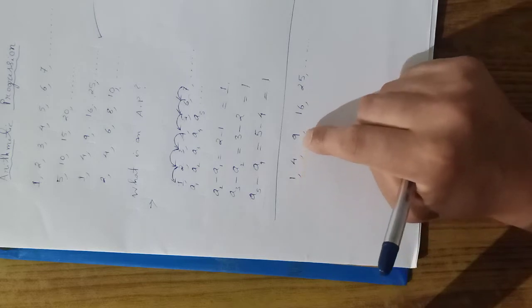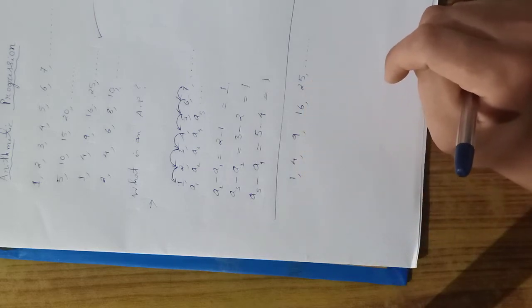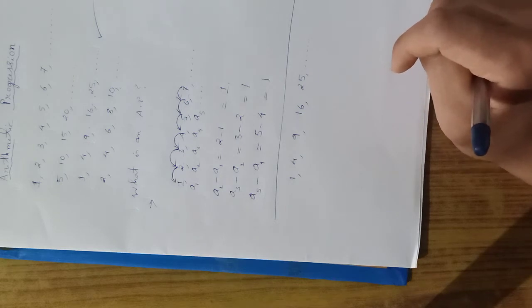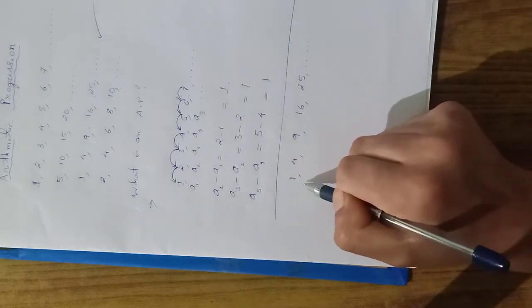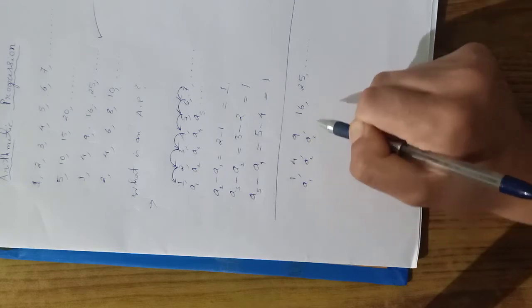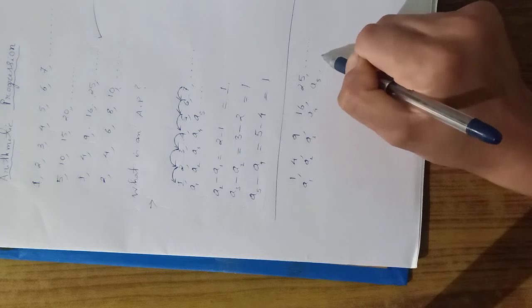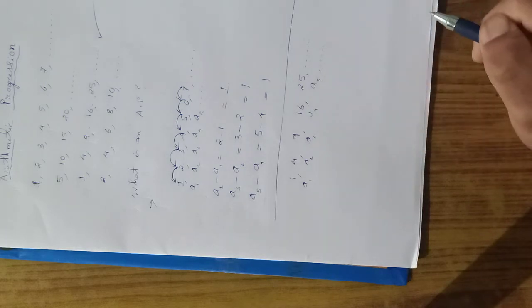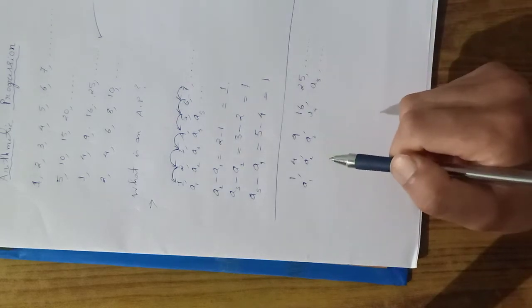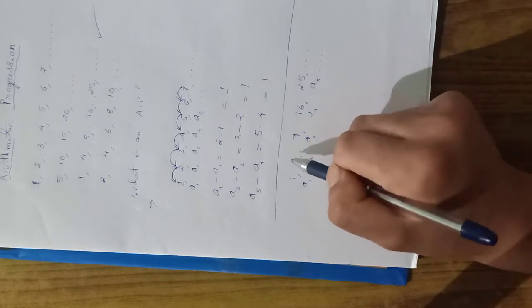All these are perfect squares in increasing order. Now let's check whether they are an arithmetic progression or not. We have the first term, the second term, the third term, the fourth term, the fifth term of the series, and so on. Now let's check the difference between each of the consecutive terms.